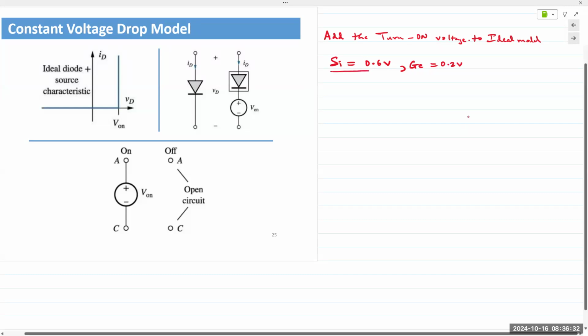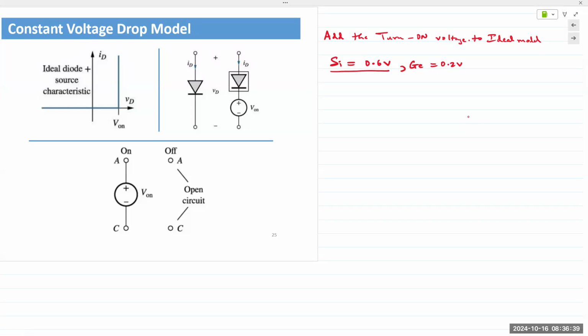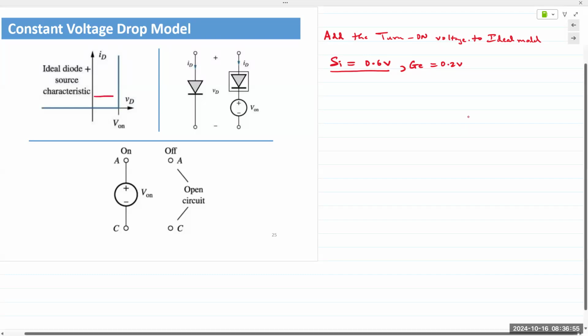But again, we are adding it on to the ideal diode model, so we are not changing the linear relationship. We've still broken it down into 2 linear pieces: forward bias is a vertical line, reverse bias is a flat horizontal line. All we are doing is stating that 0.6 volts is required to turn it on, so we are shifting the characteristics to the right.